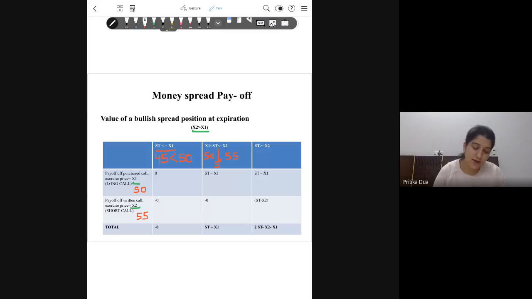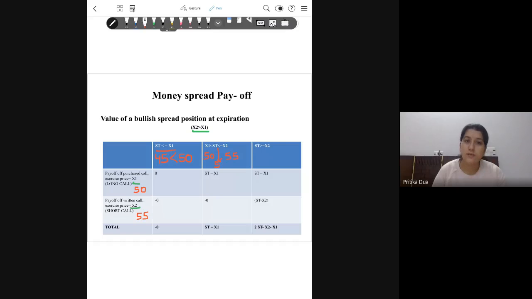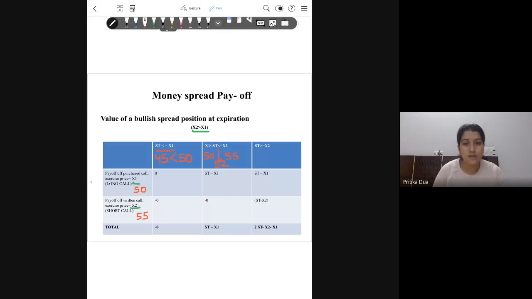What does this mean? Because you are in the buyer's position, you will benefit. Others in the market will purchase the share at 52. You go to the holder of the first option and ask him to sell you the shares at rupees 50. So you are making a profit of rupees 2.